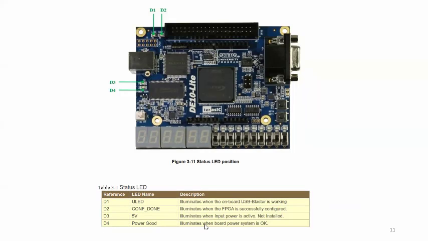D4, power is good from the supply. D2, FPGA is successfully configured. Very good. D1 illuminates when the onboard USB controller is working if I'm connected to USB, so D1 will be on.